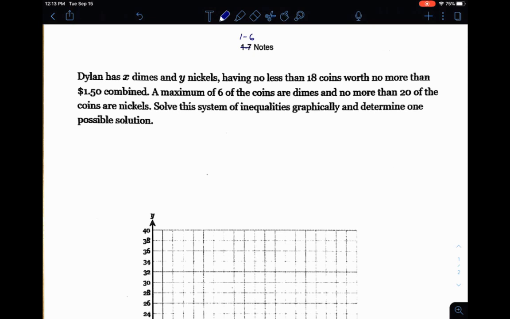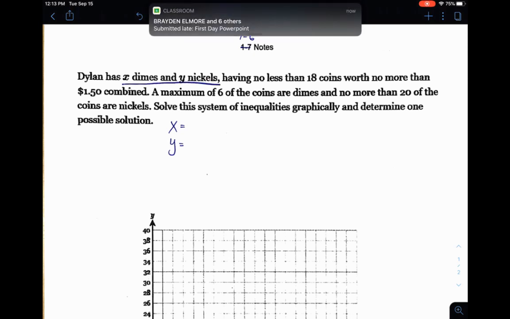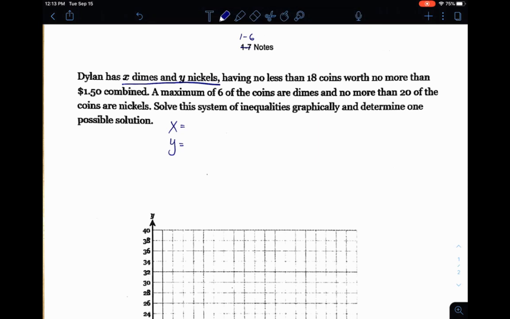So we're going to go through here first off, and the first thing we need to do is define our variables. So in this problem, what are X and Y supposed to be standing for? Dimes and nickels. Okay. So is it like the price of a dime?